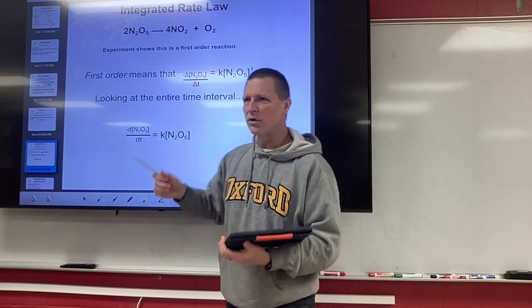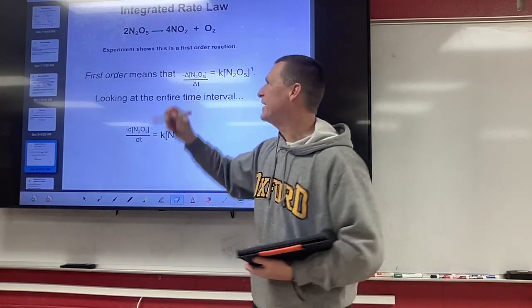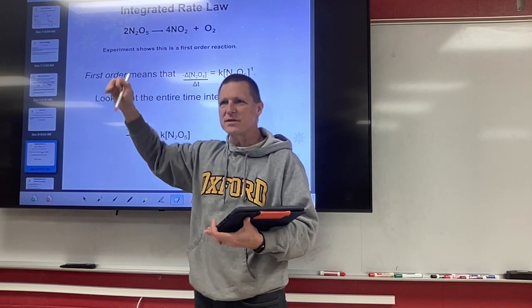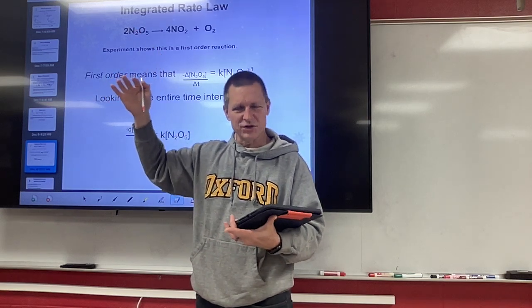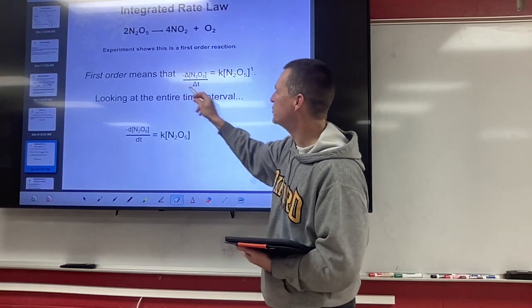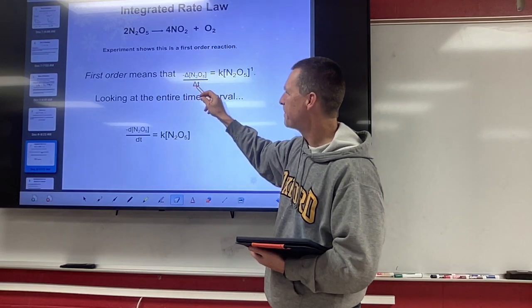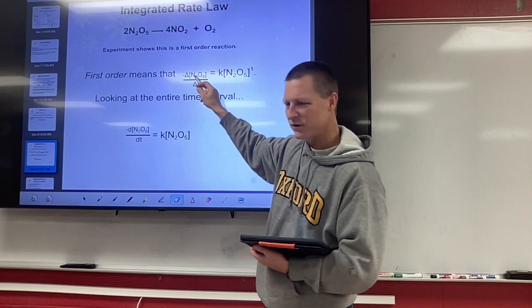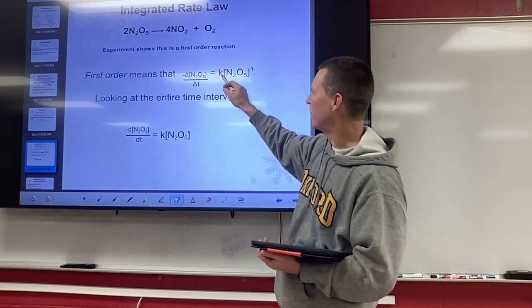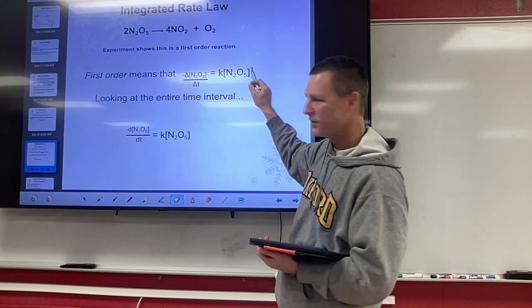So if it's first order, that means that the concentration of N2O5 has a first power relationship with the rate. Meaning this, the rate of change of N2O5 over time, how N2O5's concentration changes over time, is, according to the differential rate law, k times [N2O5] to the first power.